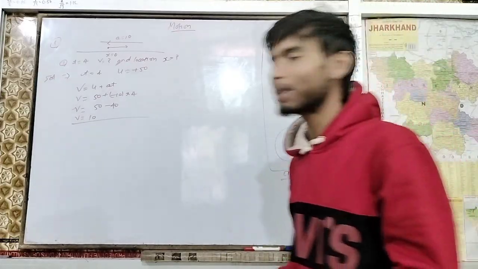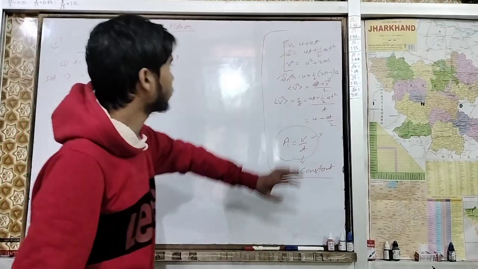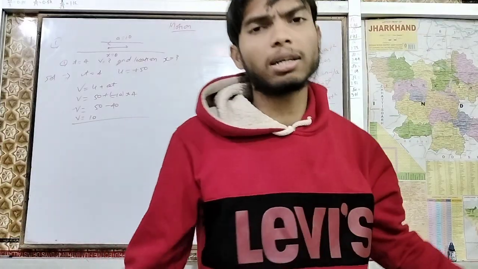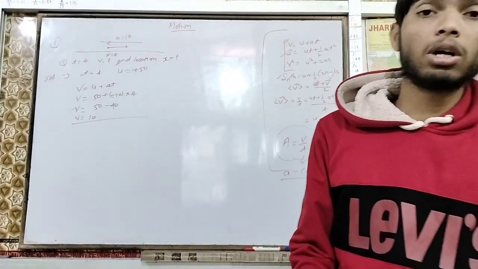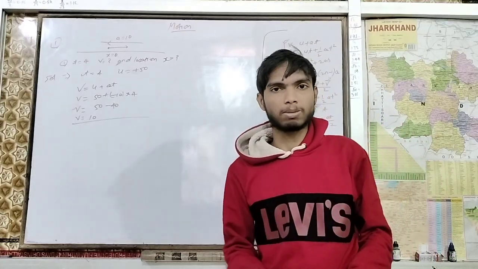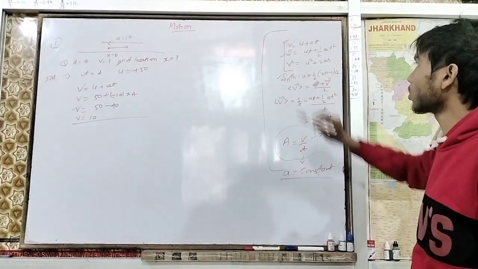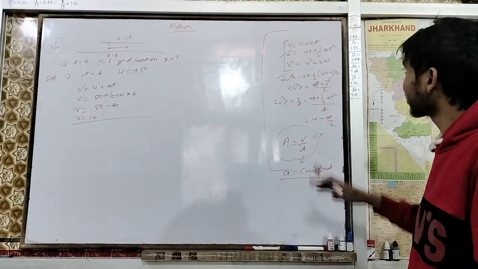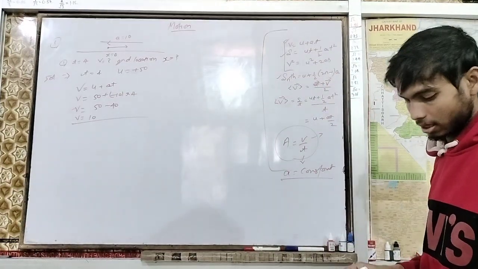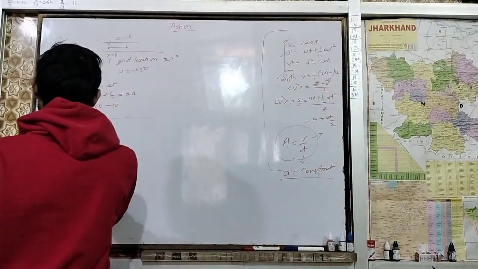Let's use this equation, because only this equation gives us the option to calculate displacement. If you select the first or third equation, you can see there is no displacement variable. That's why.